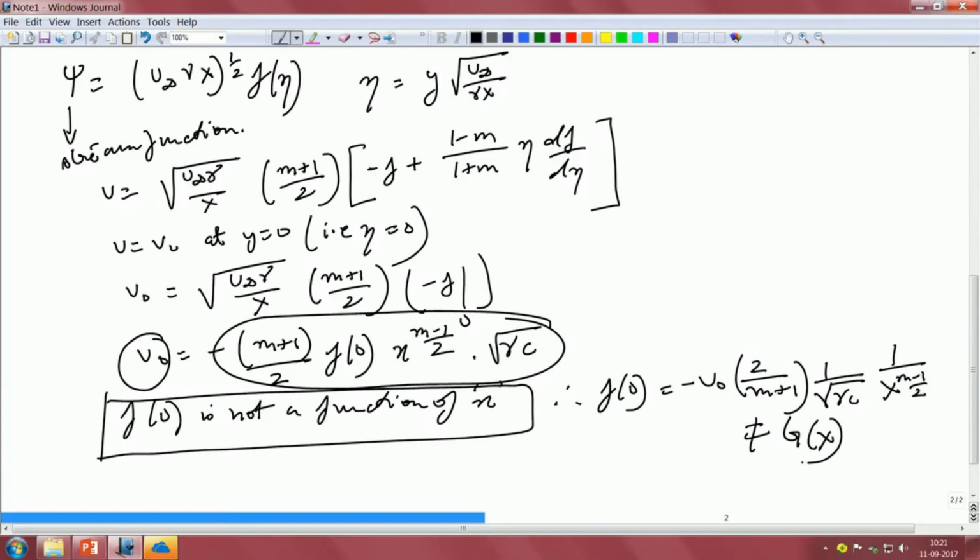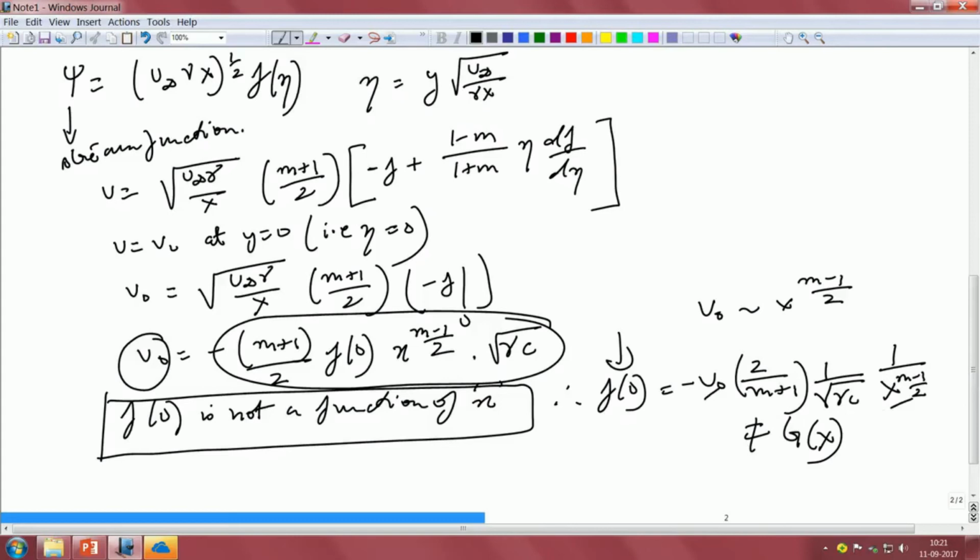In order for this to be true, your v naught has to vary as x to the power of (m minus 1) by 2, because then only these will cancel each other.